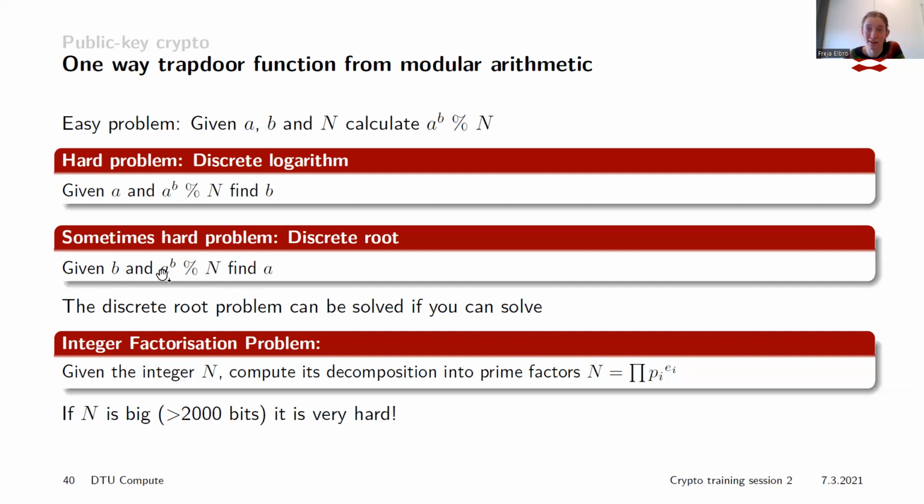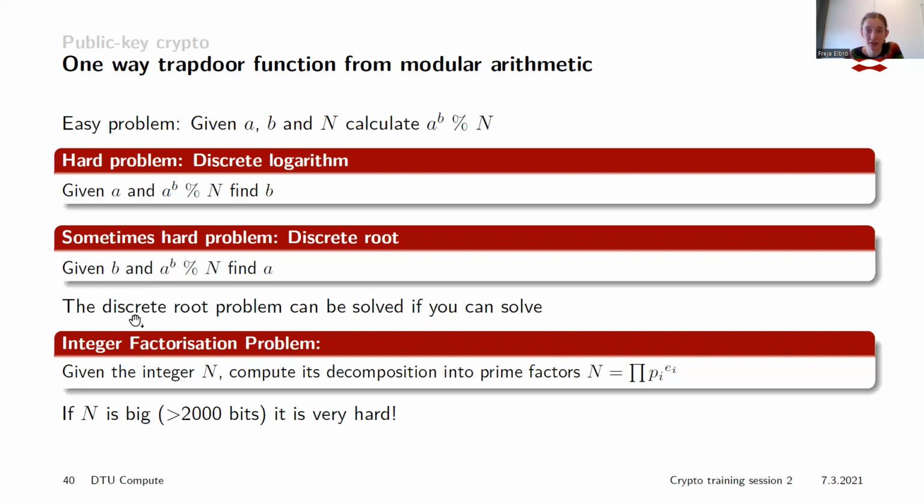You're trying to find a number so that its square is equal to some known number. But b doesn't need to be 2 here, it could also be 3, for example, then it's the discrete cube root problem. You're trying to find a number so that if you cube it modulo n, you get something known. So in general, I call this the discrete root problem.